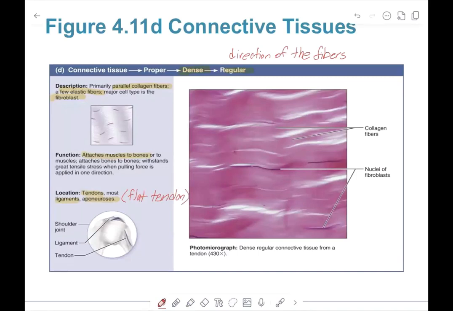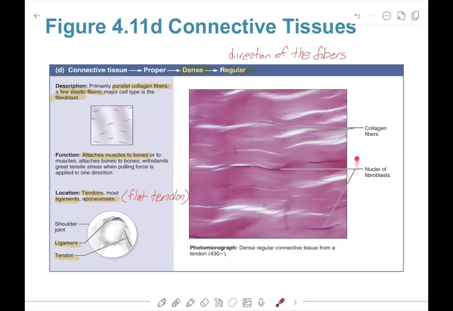So places that we would find this would be in around joints, not the joint capsule itself, but in the bones and the muscles. So a ligament is what's going to attach a bone to a muscle, and a tendon is going to be attaching muscles, anchoring muscles.